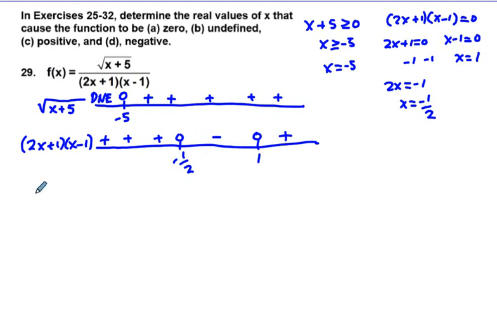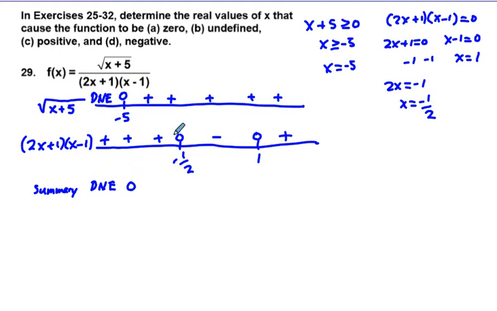And so for our summary, we have our first interval here is does not exist from negative infinity up to negative 5. At negative 5 we have 0 divided by positive, which is 0.